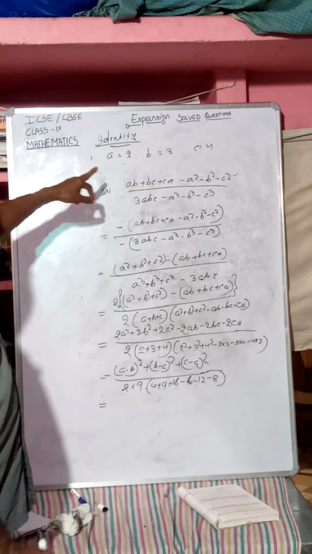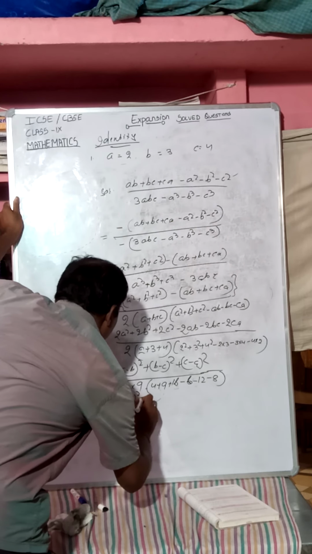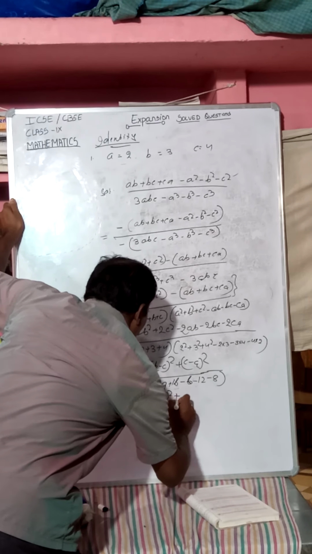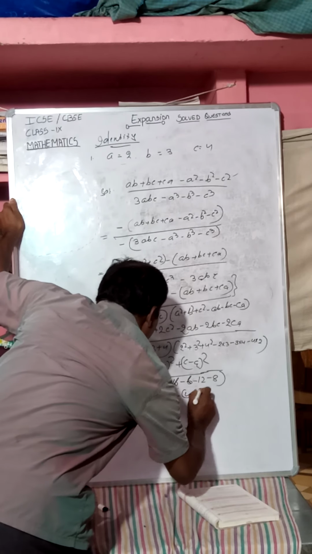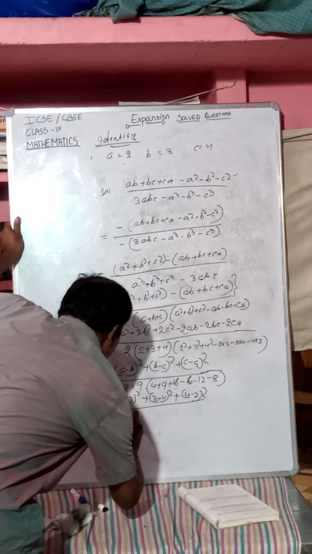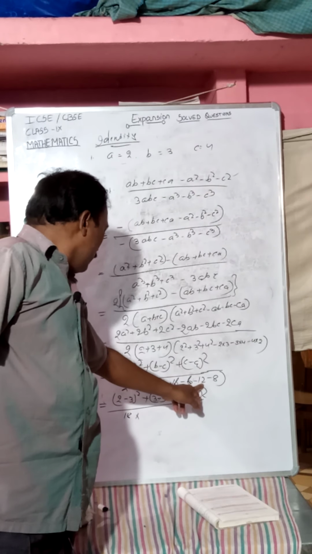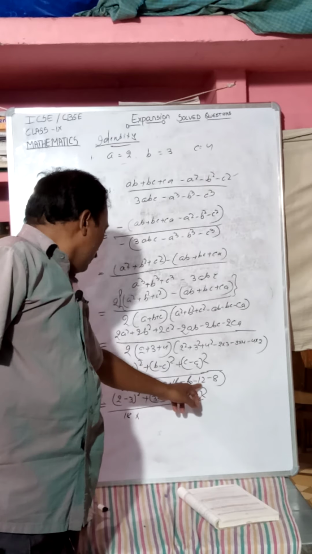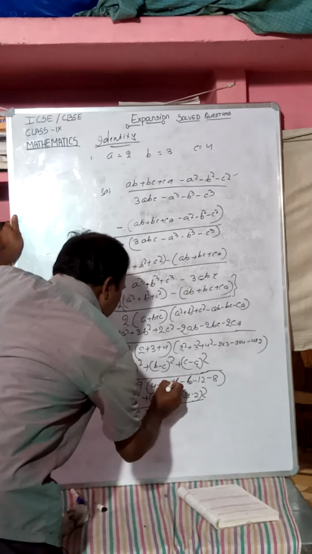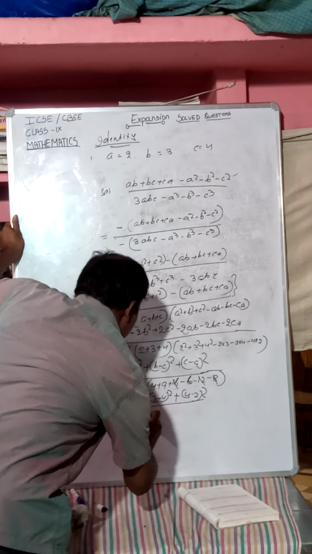Now (A minus B) is (2 minus 3) whole square plus (3 minus 4) whole square plus (4 minus 2) whole square, divided by 2 into 9, 18, whole into 12 minus 8: 20 minus... 16 plus 4 is 20, 12 plus 8 is 20, cut off, 9 minus 6 is 3.